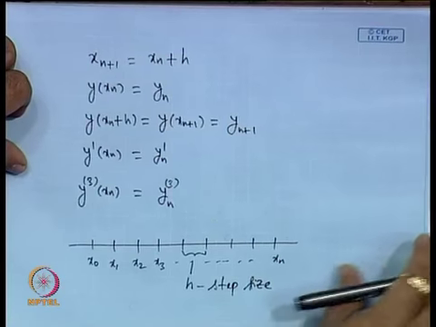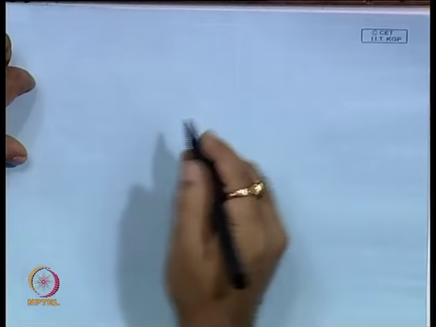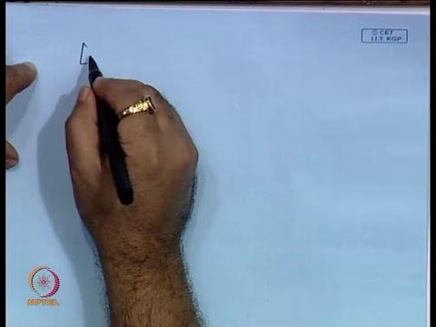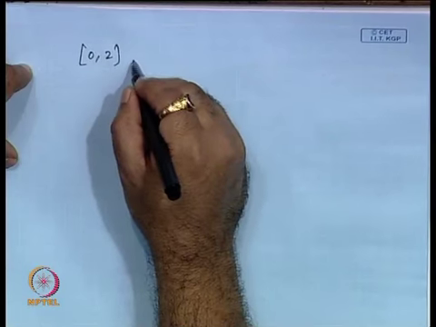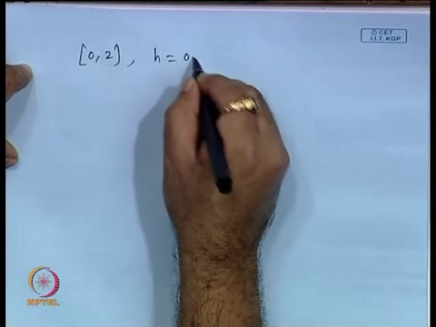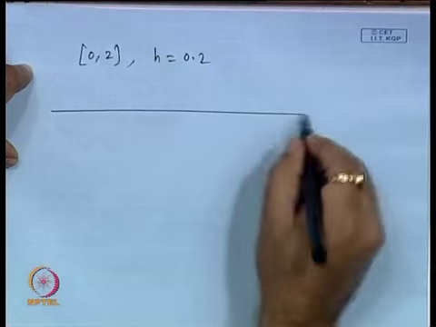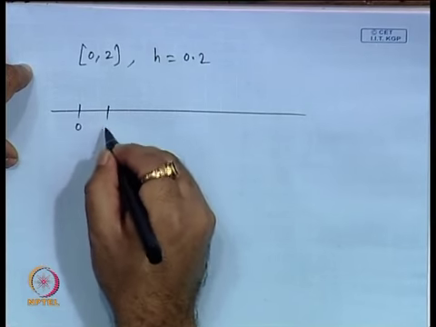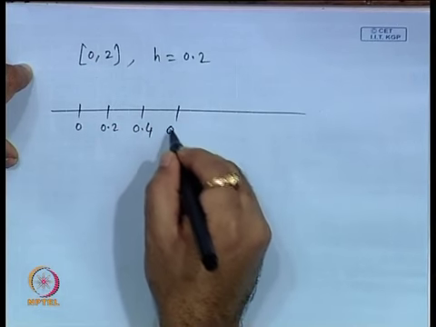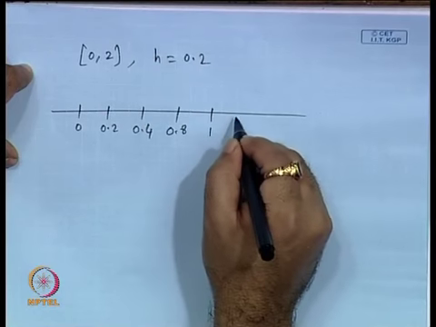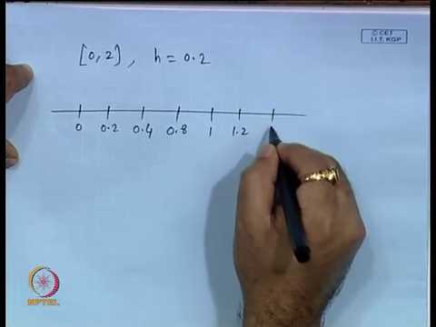For example, your given interval is say 0 to 2 and h is 0.2. So 0, 0.2, 0.4, up to 1, 1.2.